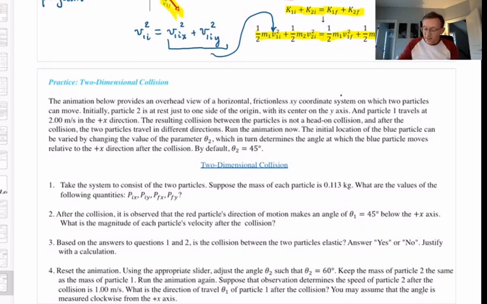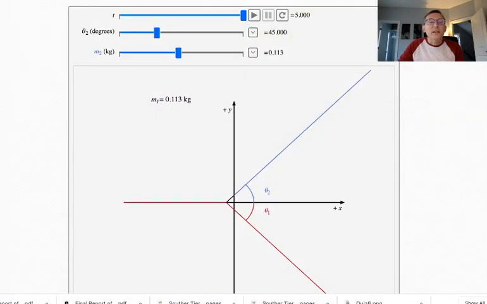By default, theta 2 equals 45 degrees. And you can see up at the top, the middle slider, theta 2 in degrees, is set for 45. So that's why the angle theta 2 for particle 2 going off into the first quadrant is at 45 degrees with the plus x direction. Okay? All right, that is a two-dimensional collision because it's not head-on. It's a little off-center. And here come the questions. We'll answer them one by one.